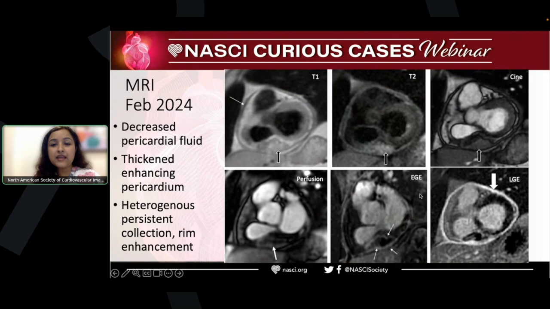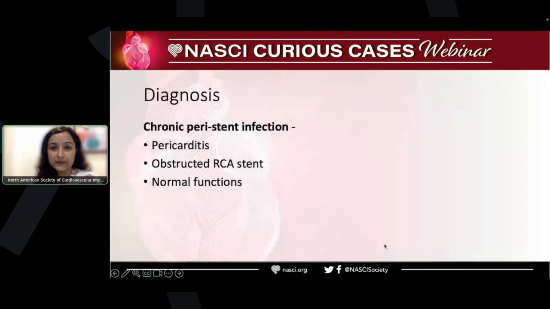There was definitely decreased pericardial fluid, and the important finding here was this peripherally enhancing lesion. So MRI did not reveal anything extra, it just showed resolution of the pericardial fluid, but this lesion was still as inflammatory as was visible on the CT earlier. So the diagnosis on the basis of imaging was still chronic peristent infection.